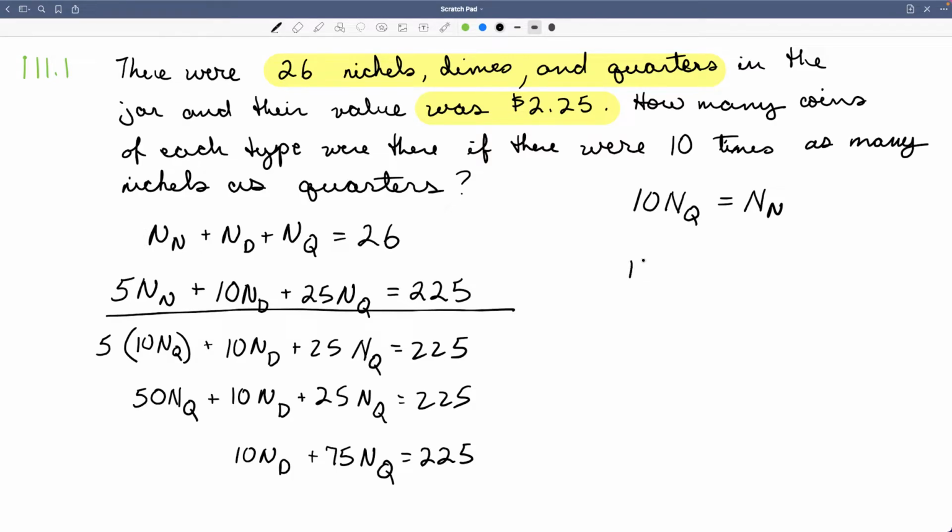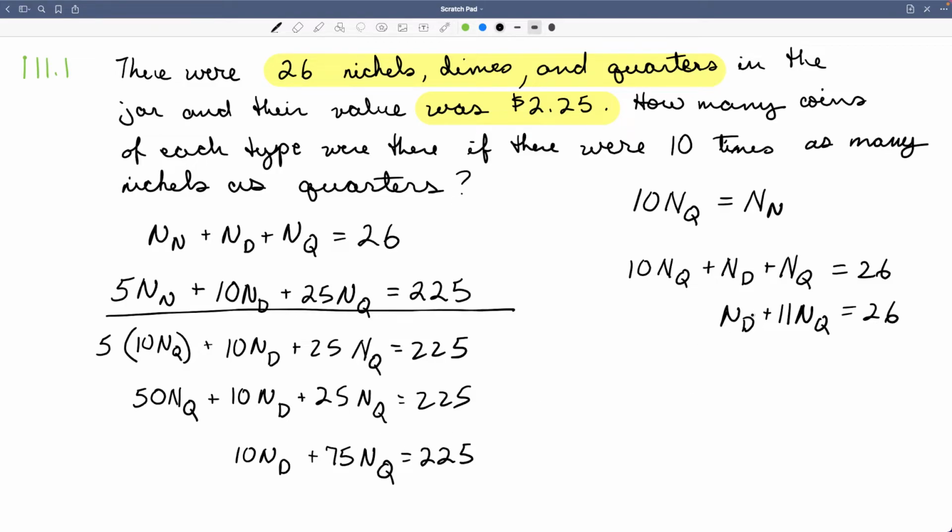So I'll get 10 times the number of quarters plus the number of dimes plus the number of quarters, because I substituted for NN, is equal to 26. So now I can combine these and say the number of dimes plus 11 times the number of quarters, because this is a 1 here and 10 and 1 is 11, is equal to 26.